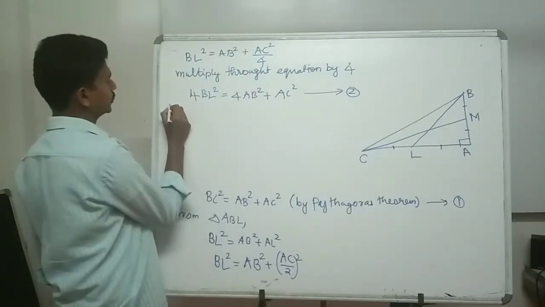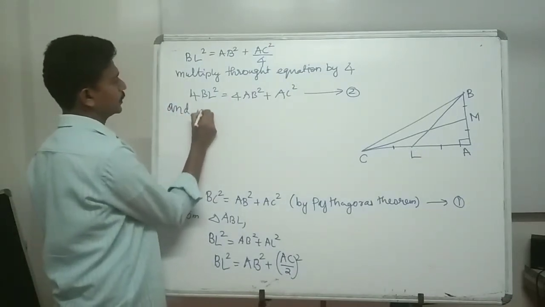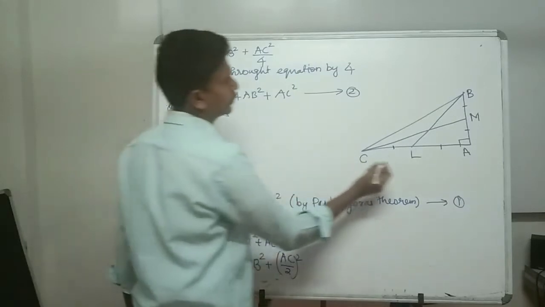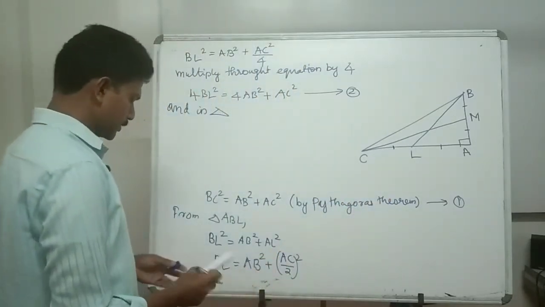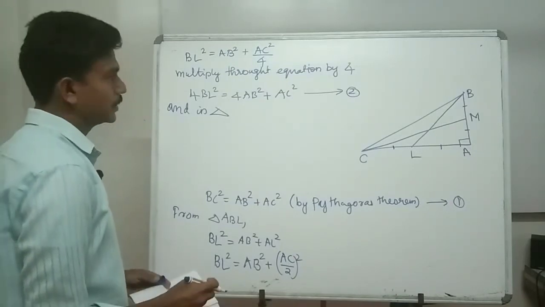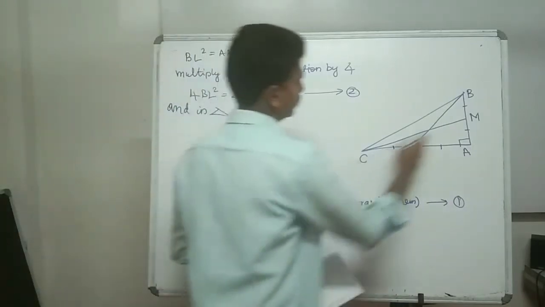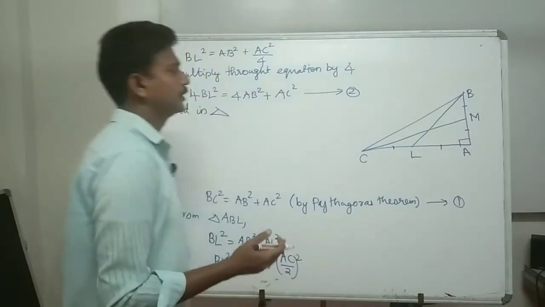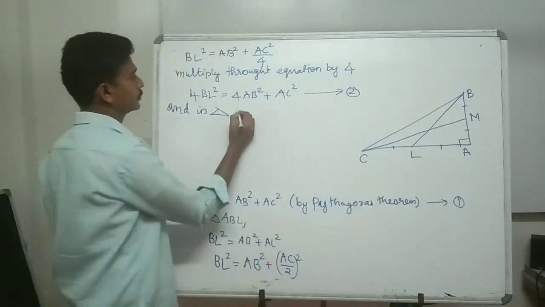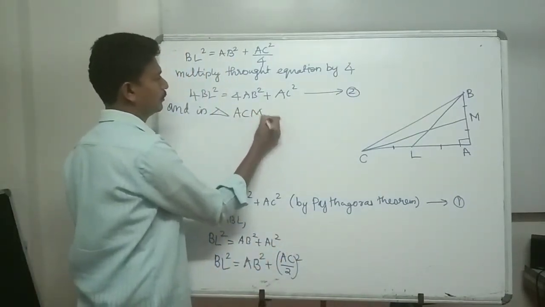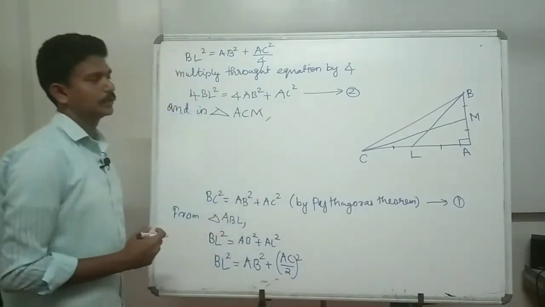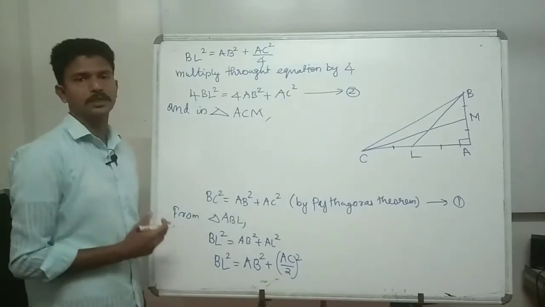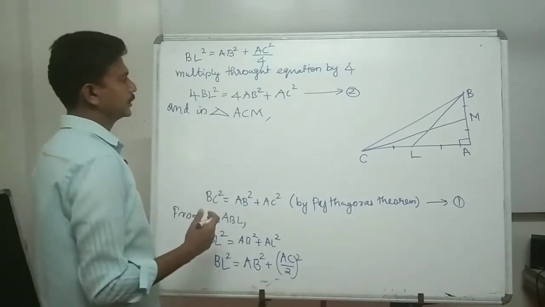Now we are taking another triangle, and we can give the name here. We are taking the name CMA. Anyway, we can write ACM also. I am taking ACM because I have taken alphabetical order here.